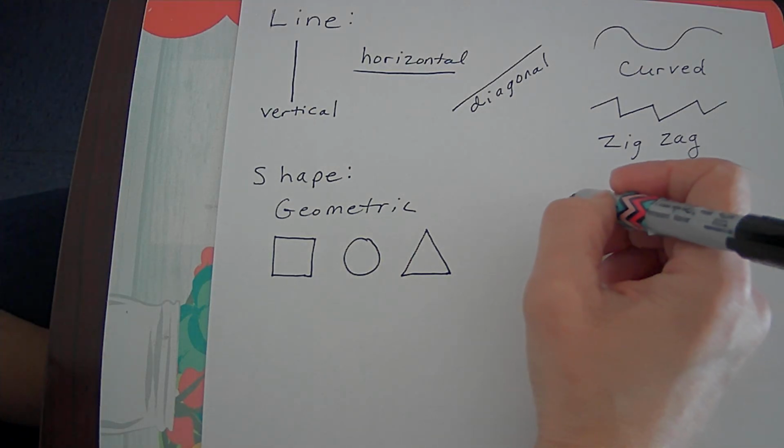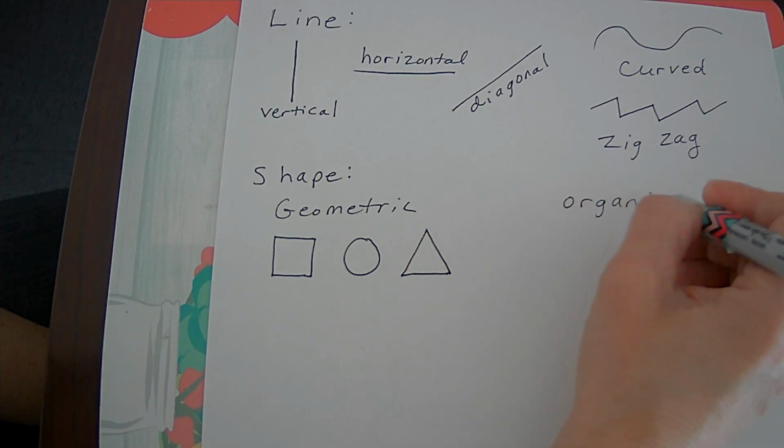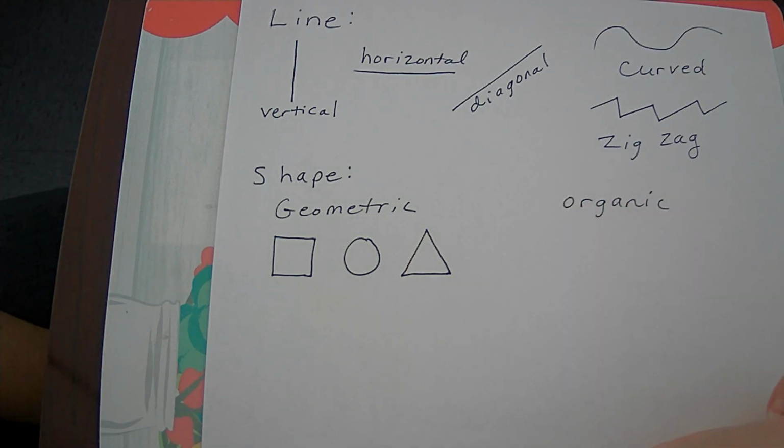Now we also have organic shapes. When I say the word organic, what do you think of? Like fruit and stuff. Yeah, organic fruit or vegetables, food, right? When we have organic food, it's just supposed to be more natural. So the word organic means nature or from nature.